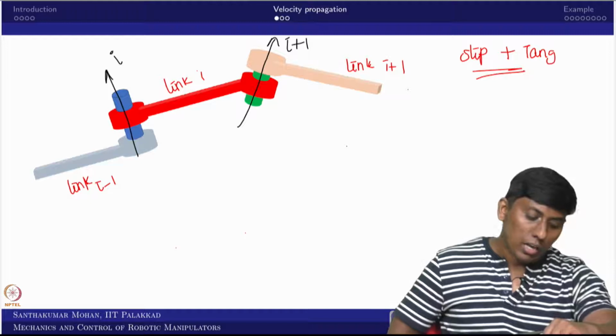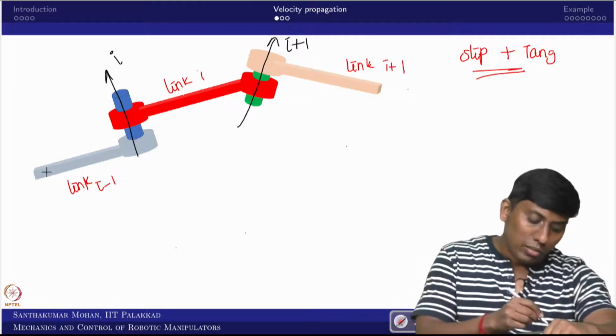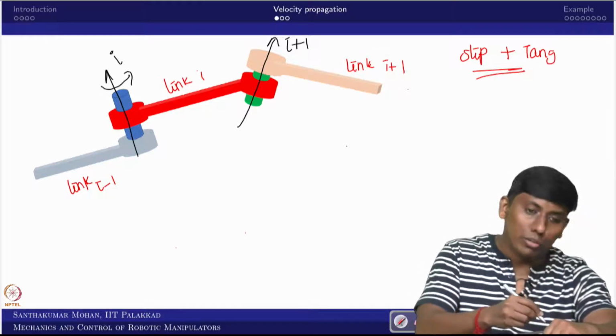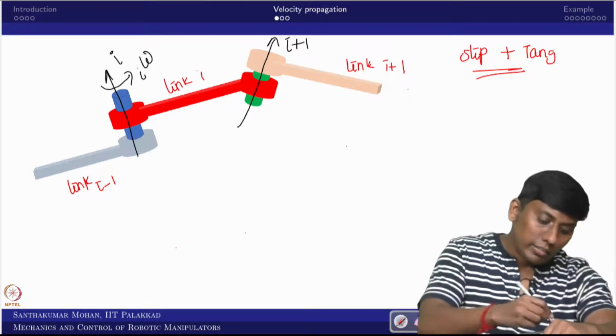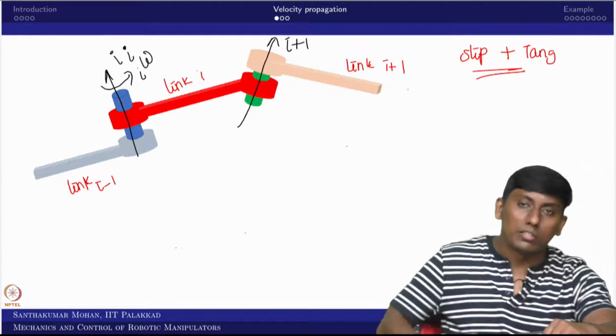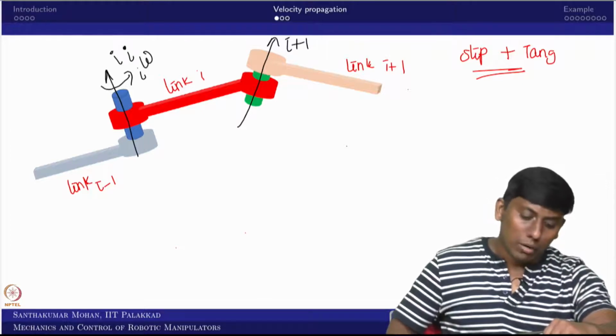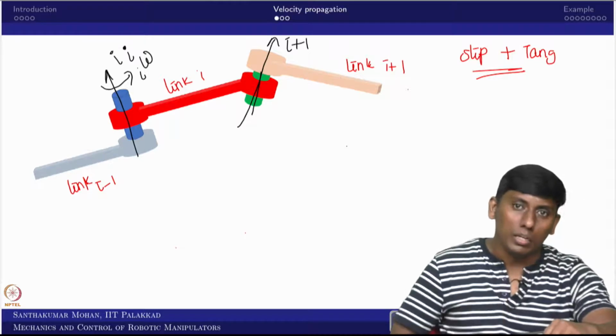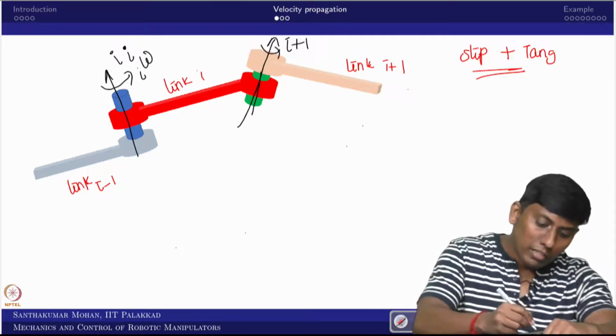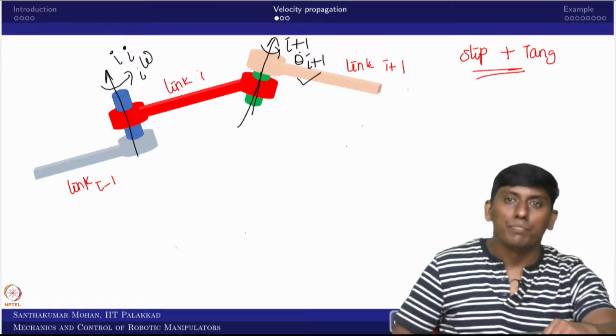Now I assume that this is fixed and it has some angular velocity omega I, referred with respect to this coordinate. This has an independent motor, we assume it's a rotary. So in the sense it would have theta dot I plus 1, right.